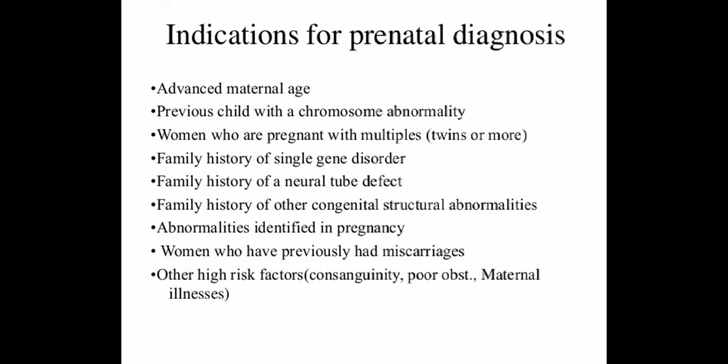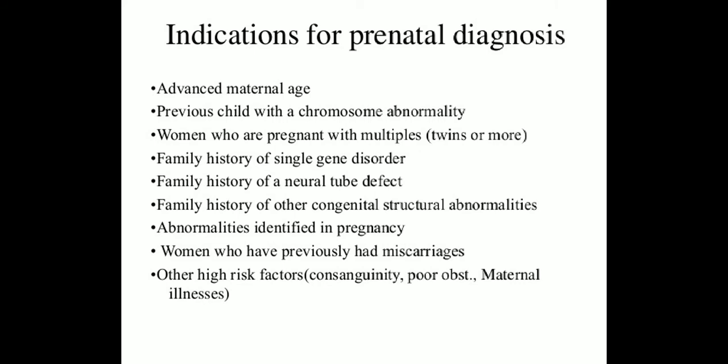Then abnormalities identified in pregnancy. If the mother is having any high risk pregnancy, like gestational diabetes mellitus, if the mother is having diabetes or hypertension all throughout the pregnancy, if she is having any thyroid disorder, or if she is having anemia, then we have to go for prenatal diagnosis so that we can rule out whether these conditions have affected the fetus or not.